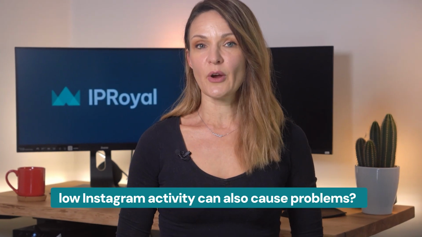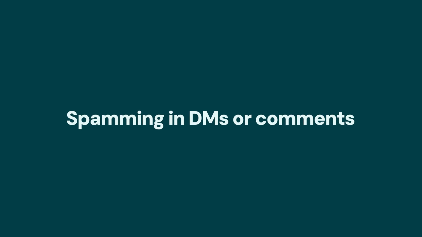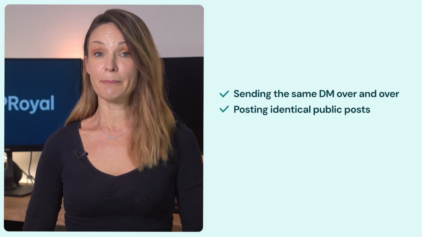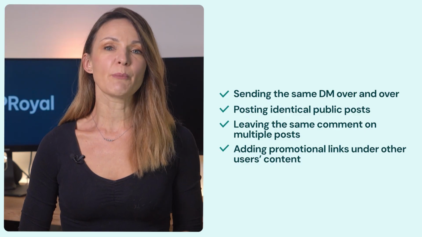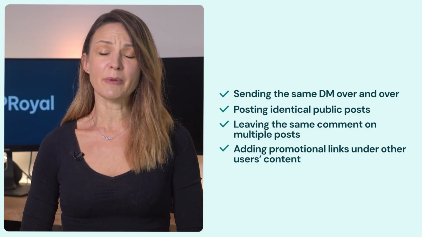Being too inactive. Did you know that low Instagram activity can also cause problems? The fewer your actions, the fewer your limits. So a surge in activity can look very suspicious. Spamming in DMs or comments. Promoting your page by sending the same DM over and over, posting identical public posts, leaving the same comment on multiple posts, or adding promotional links under other users' content is considered spammy behavior.